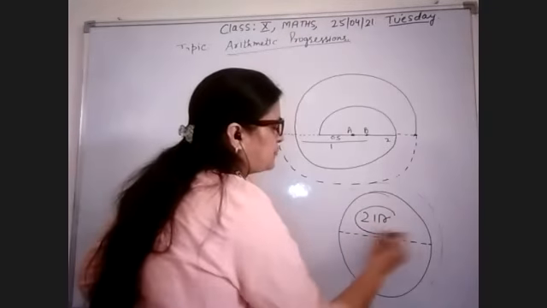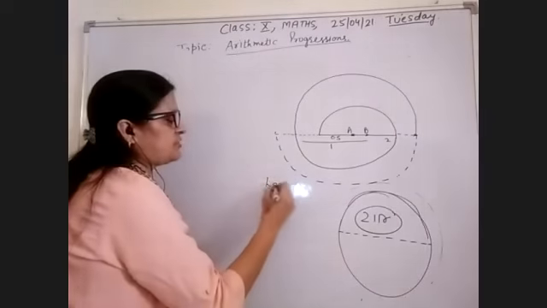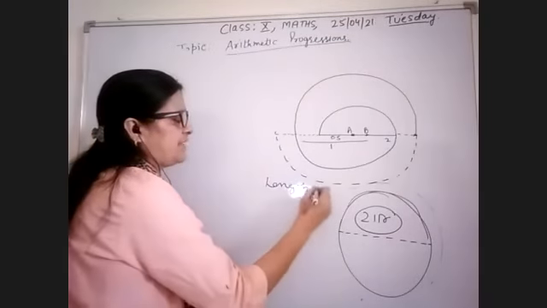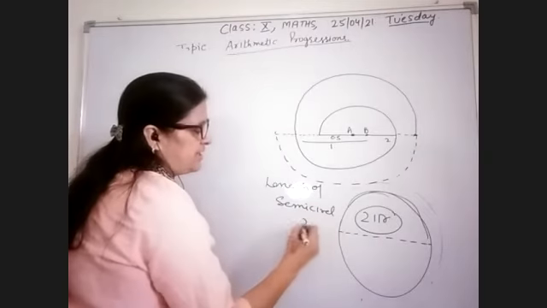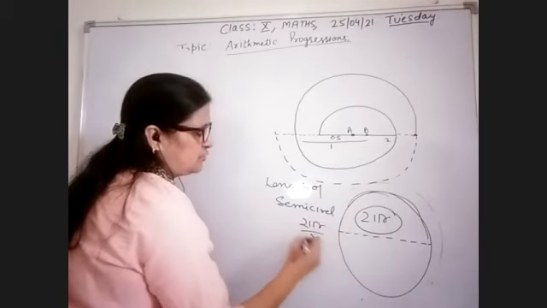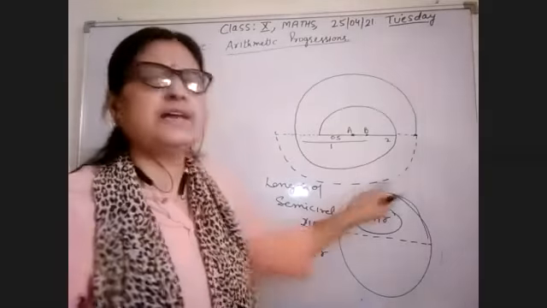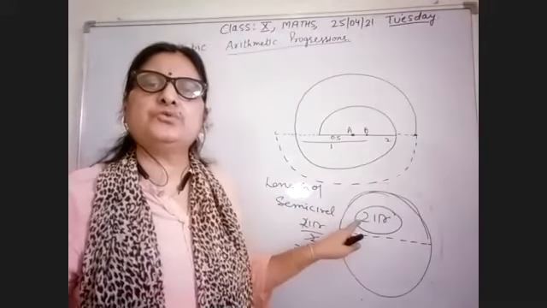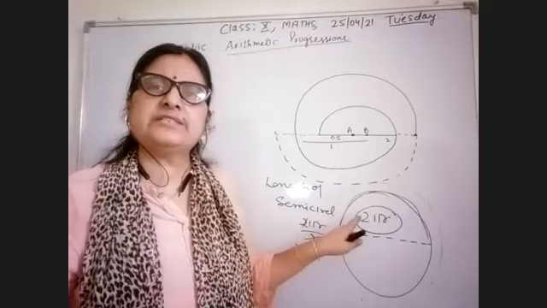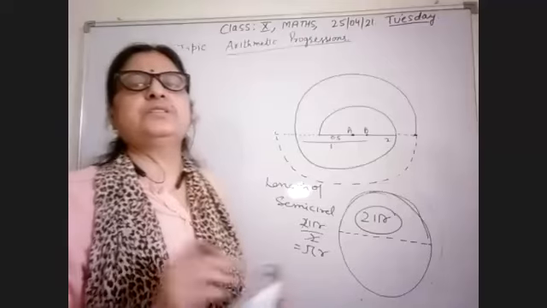And if you have to find the length of the semicircle, that is equal to 2 pi r divided by 2, that is equal to pi r. If you have to find the half length of the circle, you can call it semicircle, and the length of the semicircle is equal to pi r.